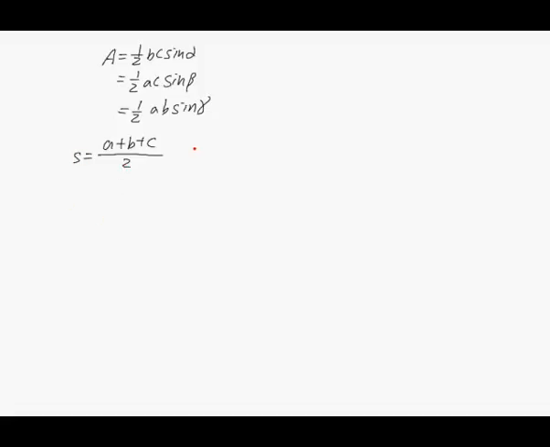Then the area A of this triangle is equal to the square root of s times s minus A times s minus B times s minus C. And this formula is called Heron's formula.